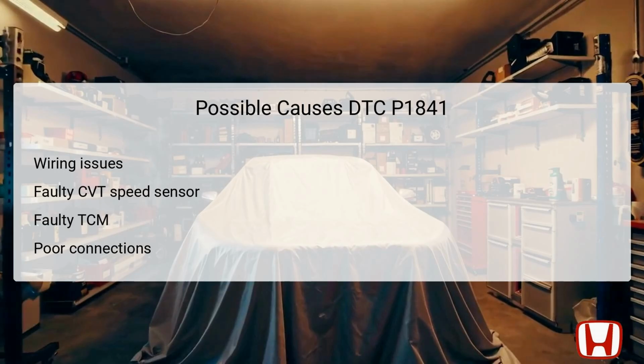Lastly, poor connections, whether due to dirt, moisture, or loose connectors, can also disrupt the flow of information between the components, causing the TCM to read incorrect data and set the DTC P1841. Each of these causes should be examined closely to ensure a comprehensive diagnosis.